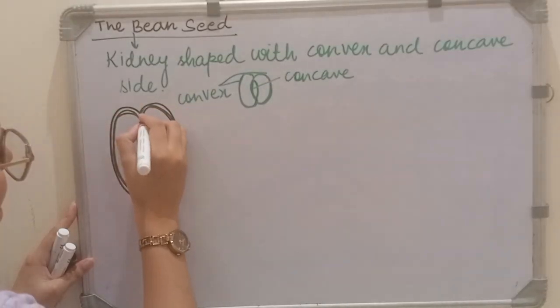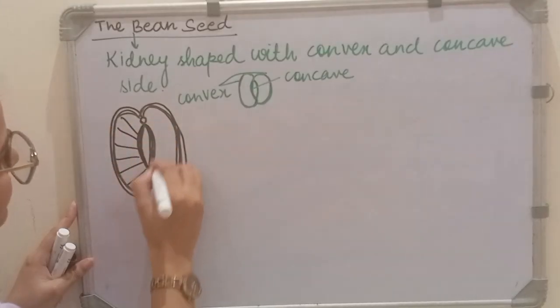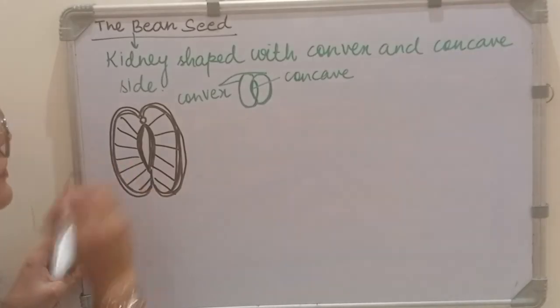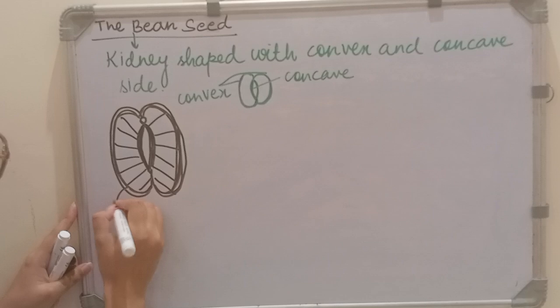And here is a small opening. Okay, this is the covering of the seed. Now let's label it. Okay, so this boundary is known as testa.